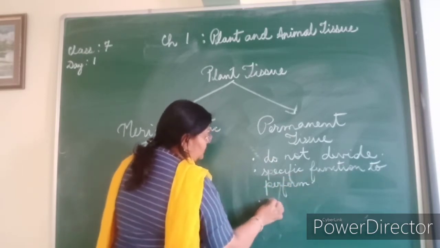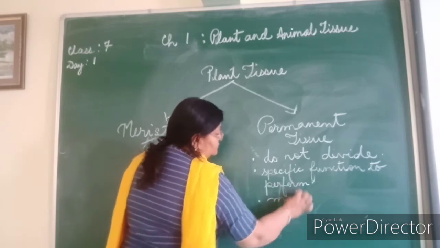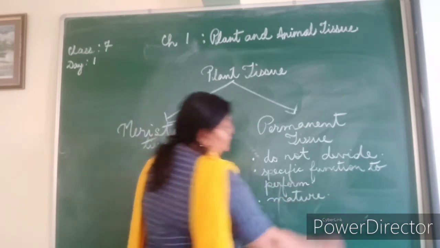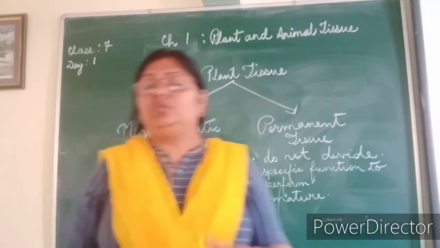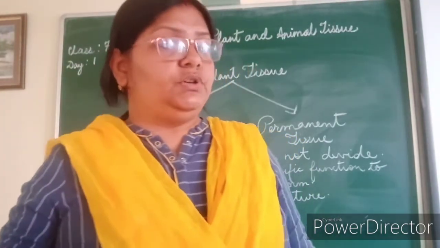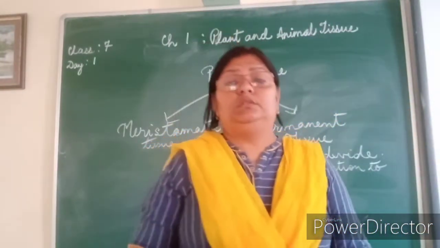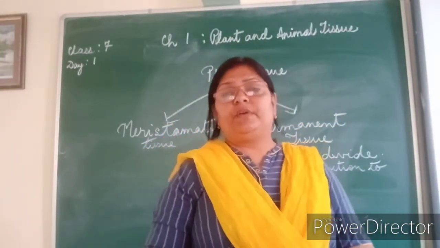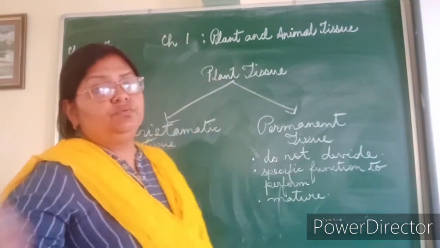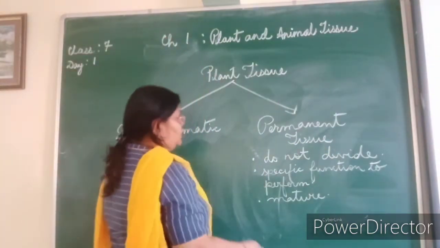They are mature. They have gained their growth and they are mature so that they can perform the specific function for the plant. Fine. Now the permanent tissue are basically of two types.